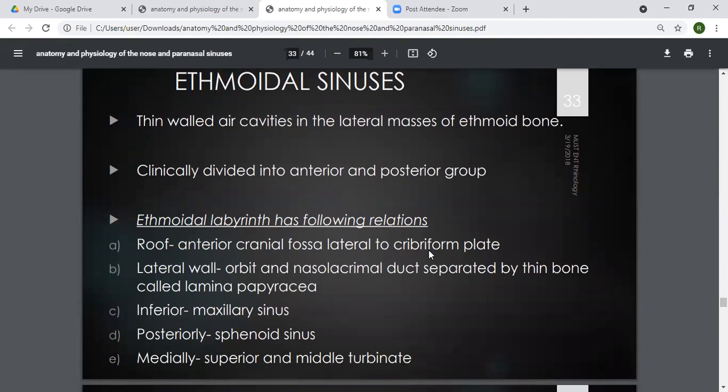And then the lateral wall is made by the orbit, that is the lamina papyracea, and then the nasolacrimal duct. Inferiorly, we have the maxillary sinus, posteriorly the sphenoid sinus, medially the superior and middle turbinate.